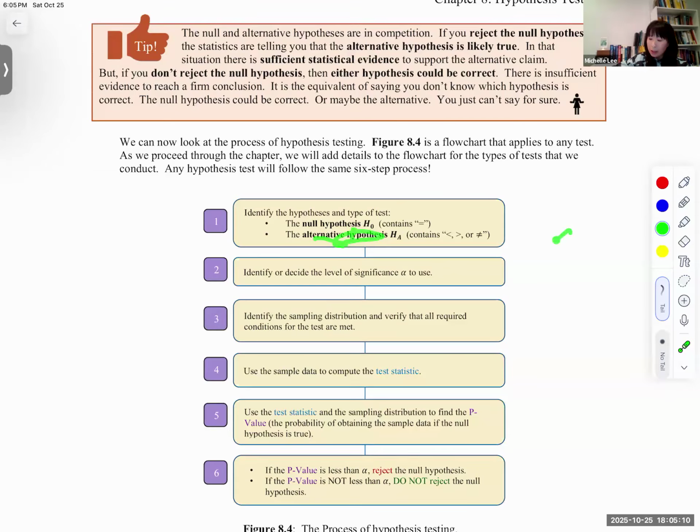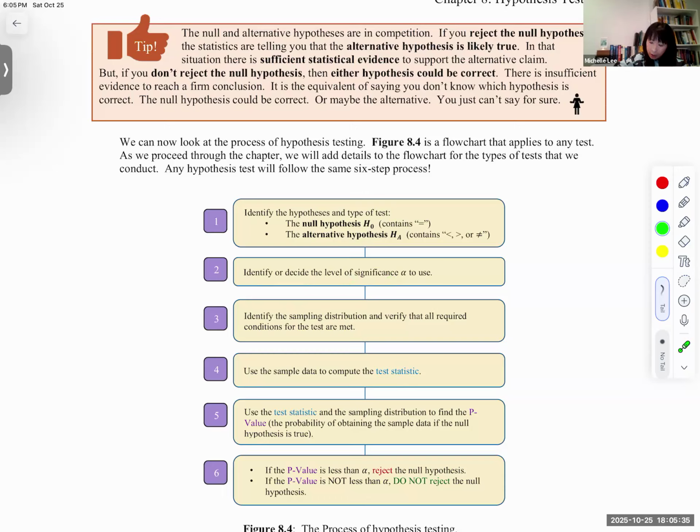So it must be less than, greater than, or not equal to, right? Okay, then we need to identify what alpha is. Most of the time, alpha is given, whether 5% or 7%, 9%. If not given, we talk about the unusual, so 0.05. Yeah, but 99% is given.